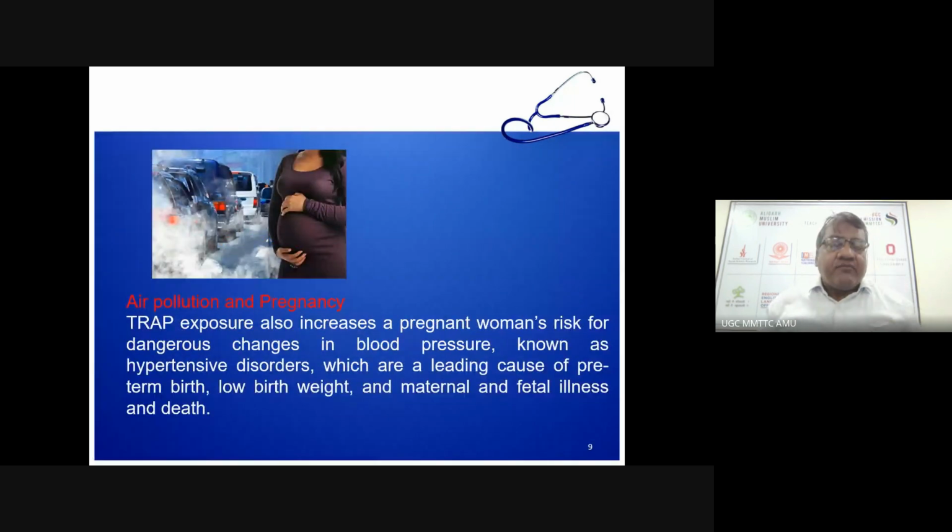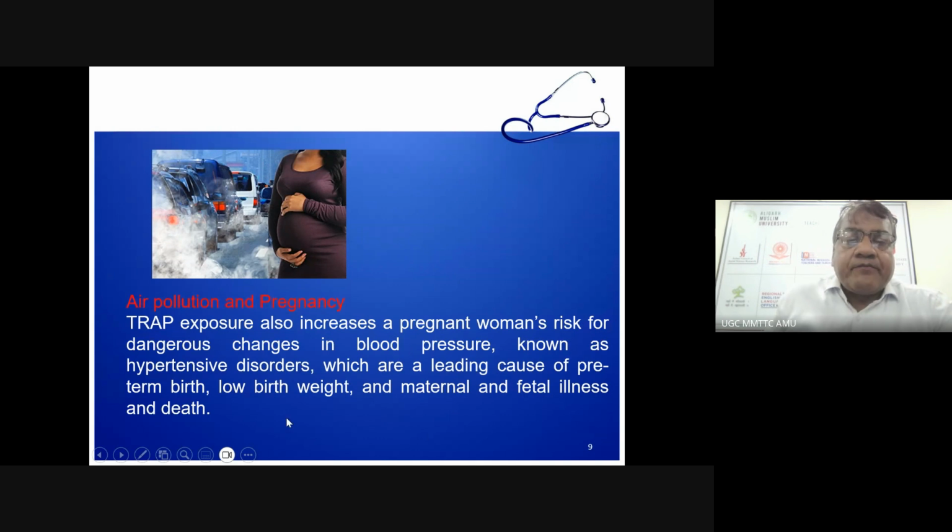Now, what is the effect of air pollution on pregnancy? Traffic related air pollution exposure also increases a pregnant woman's risk for dangerous changes in blood pressure, known as hypertensive disorder of pregnancy, which is a leading cause of preterm birth, that is, birth before time.